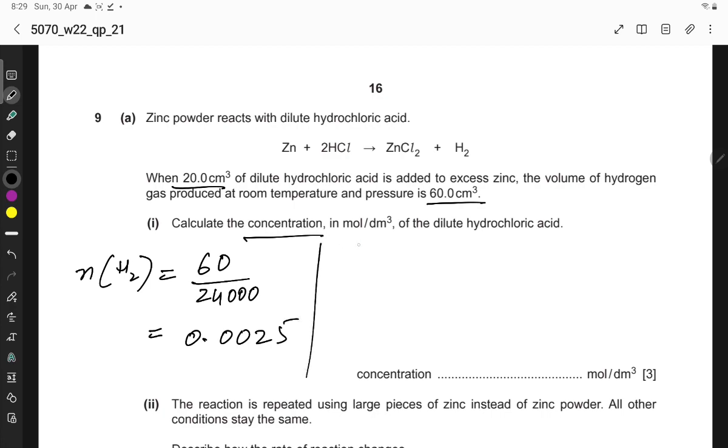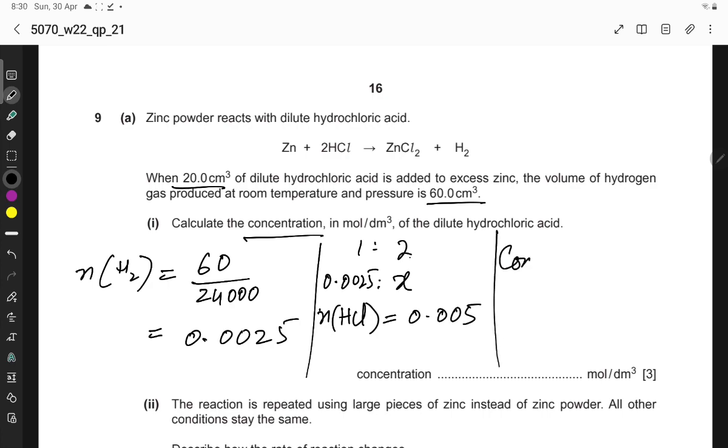By using the mole ratio 1:2, the moles of HCl, by cross multiplying, is 0.005.